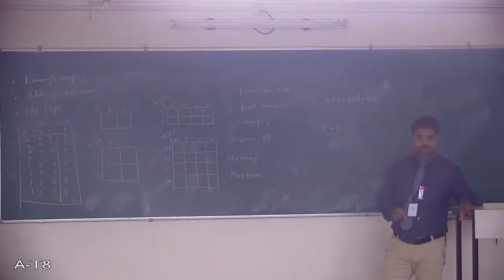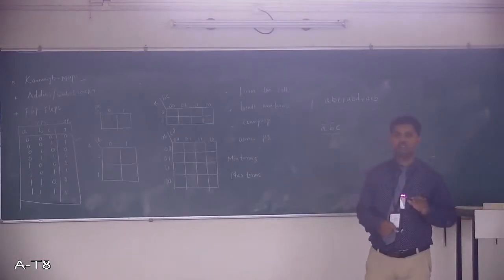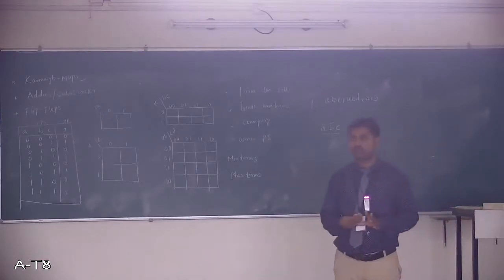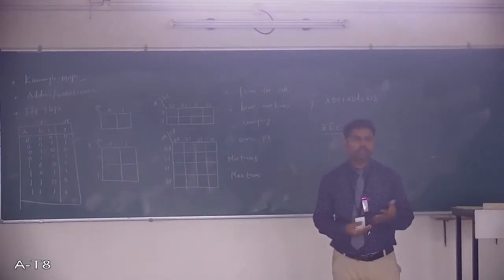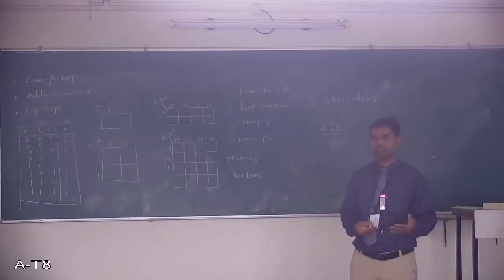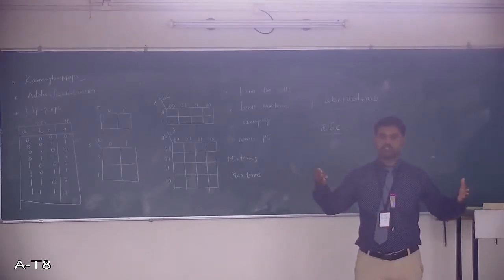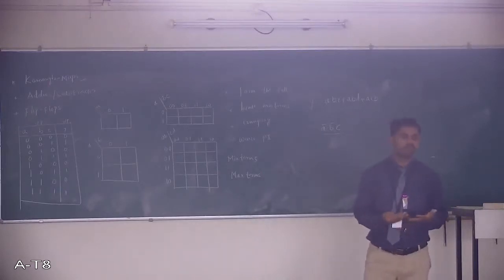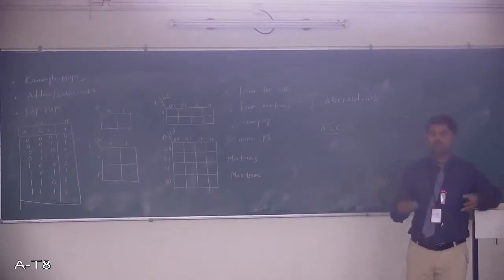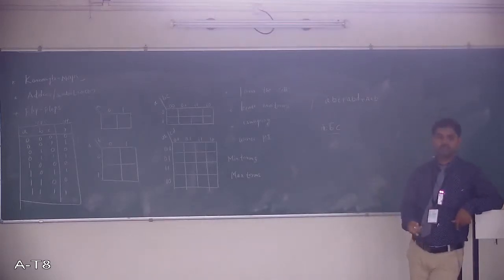So starting with the K-map, as I said, it is a graphical method of minimizing the logical expression. Why minimize? If the logical expression is simple, the circuit becomes simple. If the logical expression is very big, then its associated implementation or circuit becomes very complex.